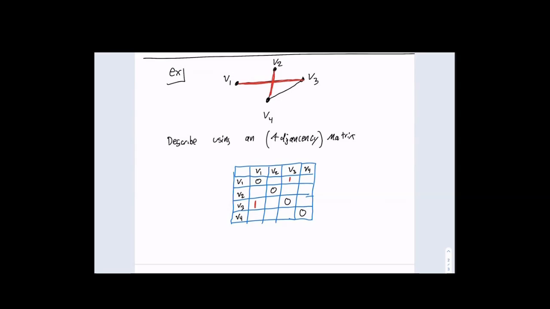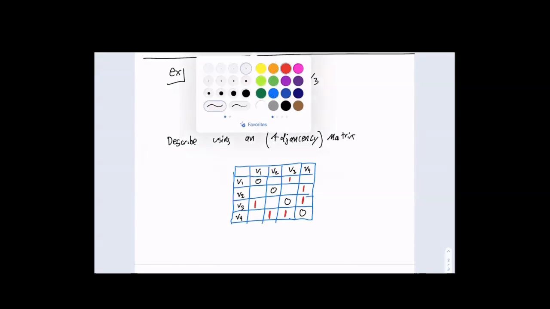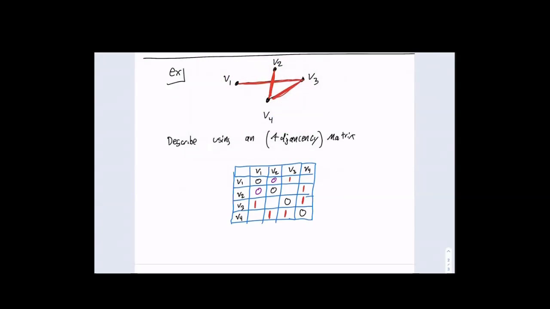V2, V4. V2, V4 is right here, and V4, V2 is right there. And V3, V4 with V4, V3, and everything else stays or returns to a 0.